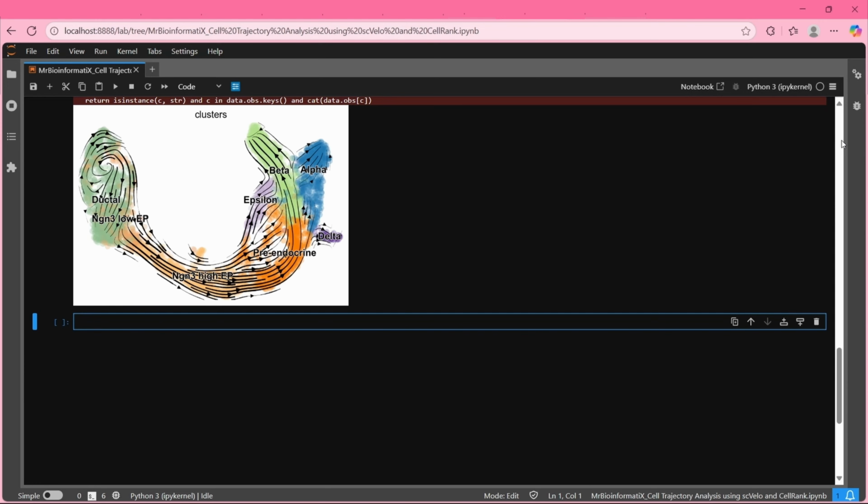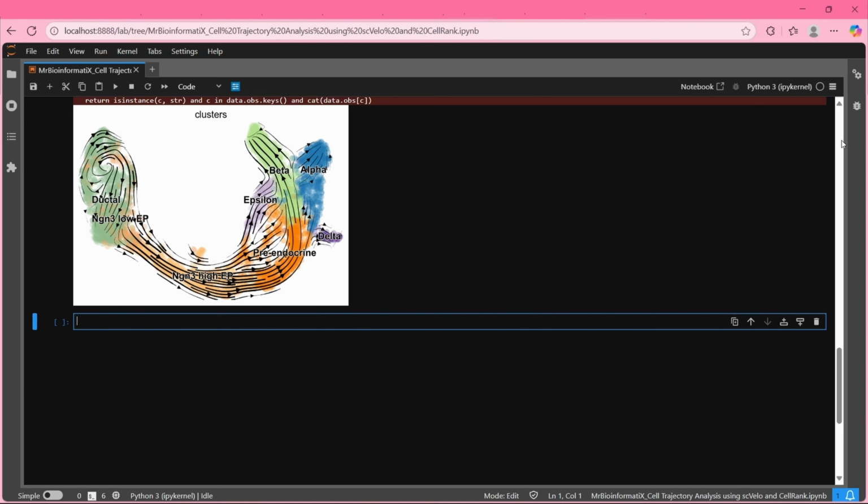And here we have it. As you can see, each point is a single cell, and cells that are transcriptionally similar are closer together. Colors mean different cell clusters, like cell types or states, and the arrows or streamlines represent the RNA velocity prediction of change, how cells are transitioning from one state to another. If arrows are flowing from one cluster to another, that suggests cell differentiation or fate transition between those clusters.